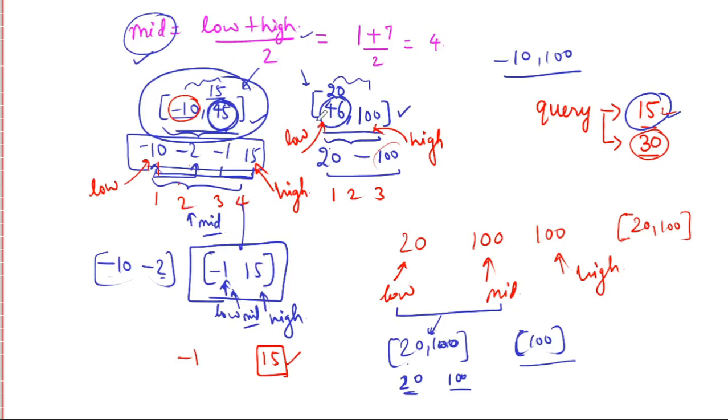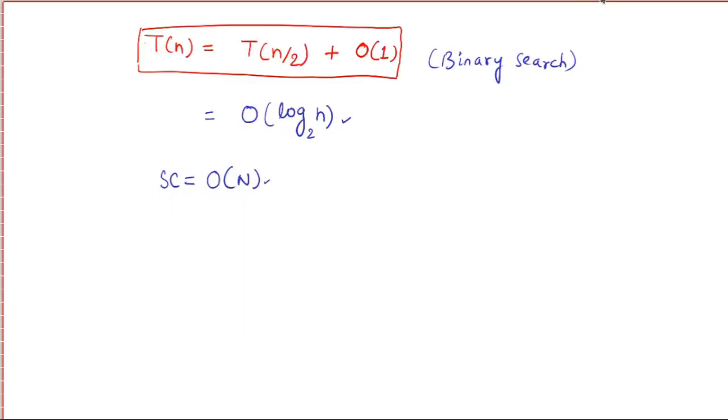That is the idea of binary search. And this is the recurrence relation of the binary search, where we are dividing the set of numbers into two halves. One half is for the query, and this half is for the comparison.